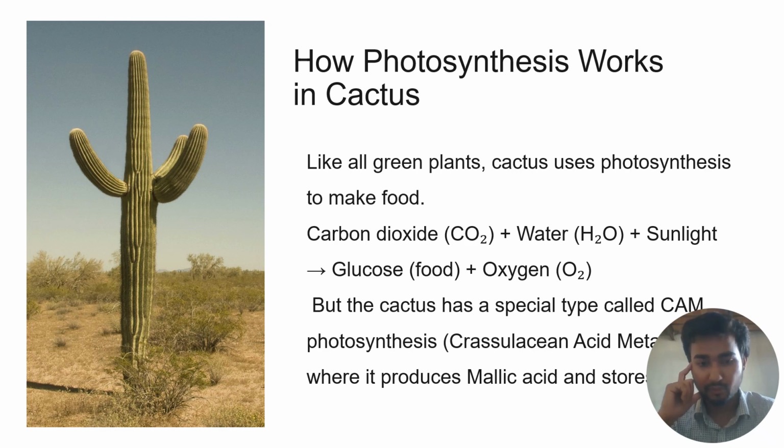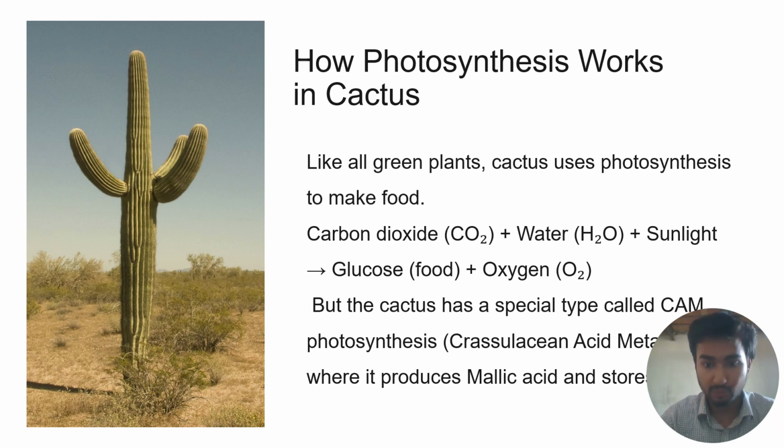Okay, before we go into the differences of how cactus is different from other plants, let's go back and understand photosynthesis, because it is exactly the same process in cactus as well. Like all green plants, cactus uses photosynthesis to make food. It takes in carbon dioxide, water and sunlight to produce glucose and oxygen. Now, it is not exactly the same as other plants. It's a special type of photosynthesis known as CAM photosynthesis, and it stores its food, its glucose, as malic acid.